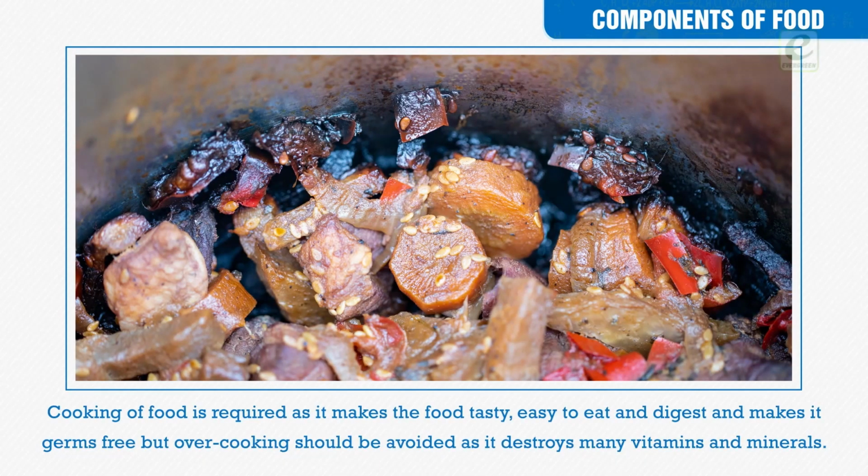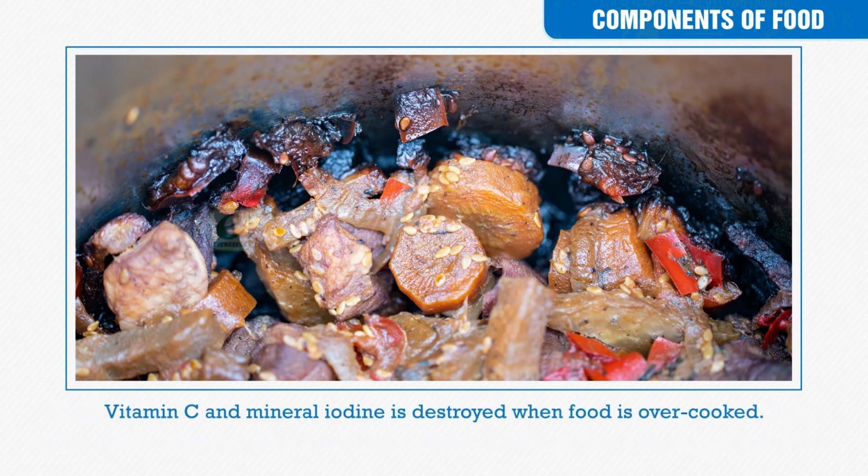Cooking of food is required as it makes the food tasty, easy to eat and digest, and makes it germs-free, but overcooking should be avoided as it destroys many vitamins and minerals. Vitamin C and mineral iodine are destroyed when food is overcooked.